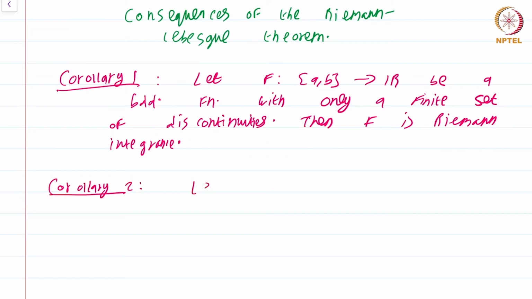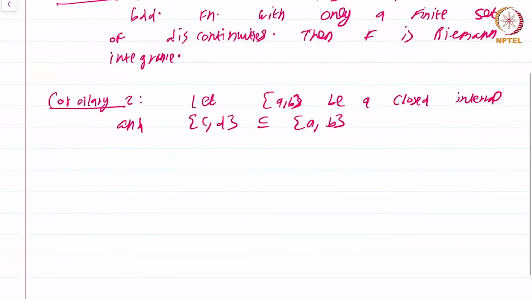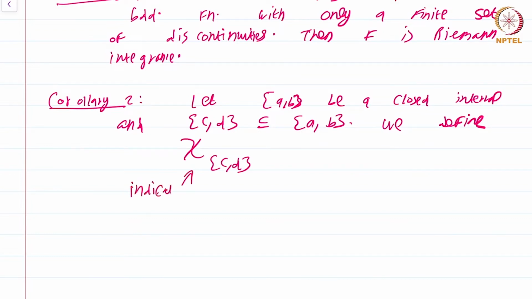So let [a,b] be a closed interval, and [c,d] be a subset of [a,b]. Now we define chi_[c,d]. This is called the indicator or characteristic function of [c,d].